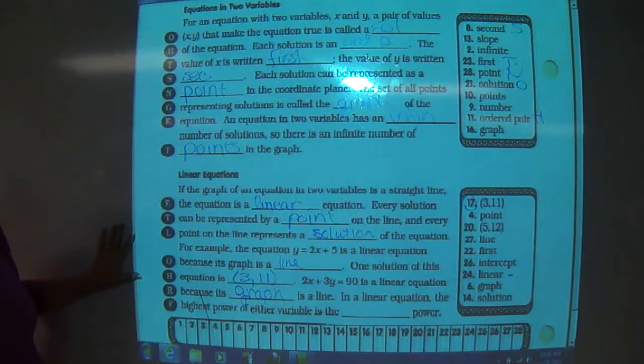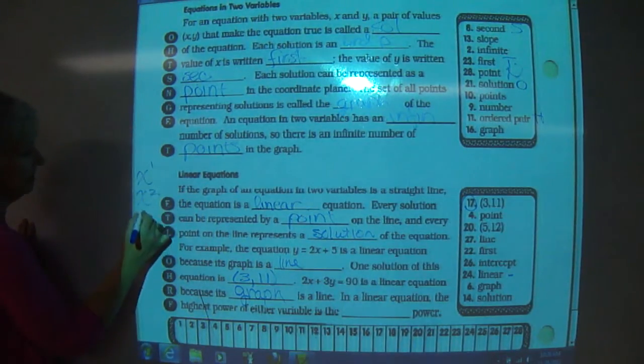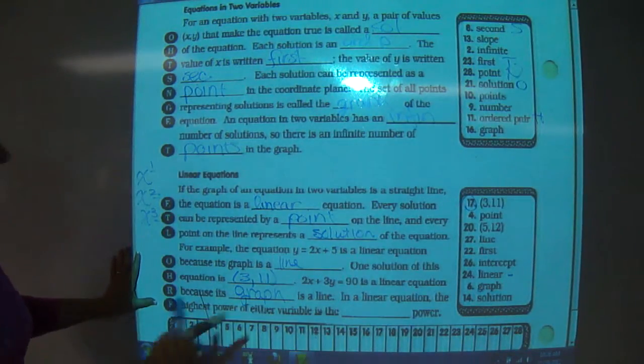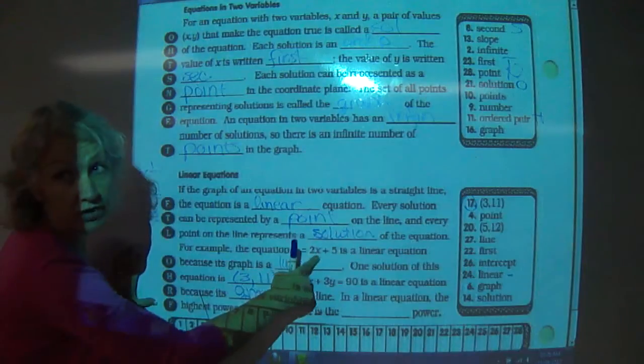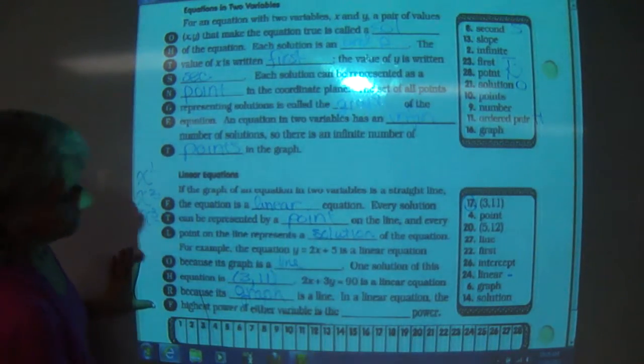In a linear equation, the highest power of either variable, power meaning x to the first, x to the second, x to the third, power. In a linear equation, the highest power of either variable is the, no, this, x to the, is that to the first, to the second, to the third? First.